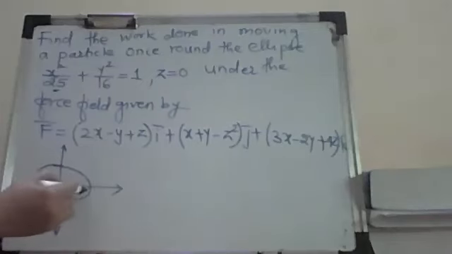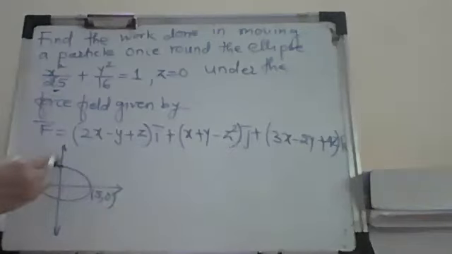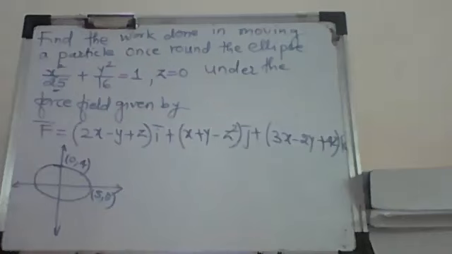This value is 5 and this value is 4 for this particular ellipse, x square by a square plus y square by b square equal to 1. This is our curve, correct?